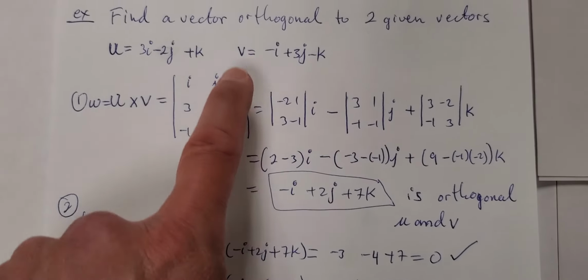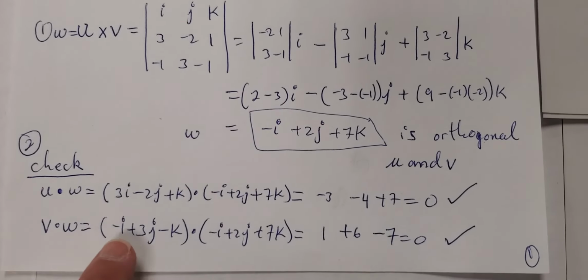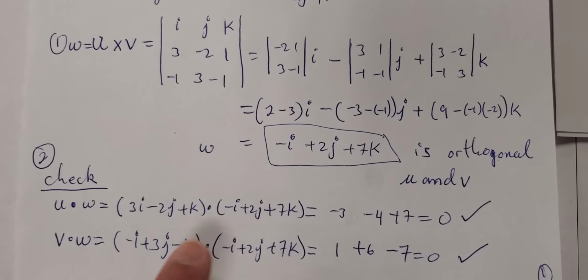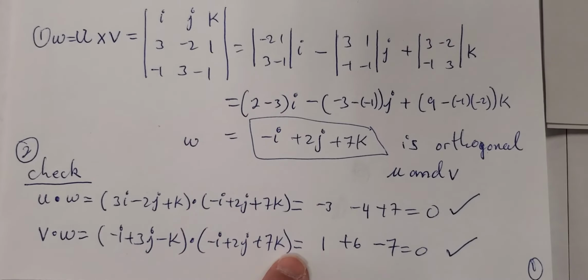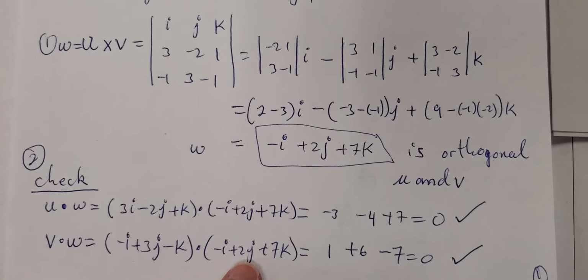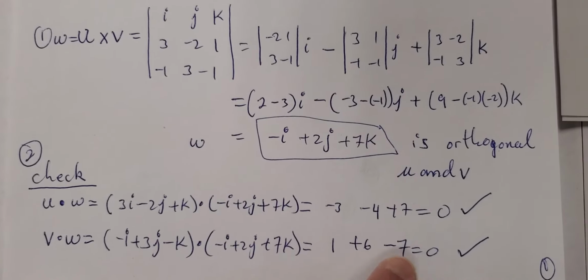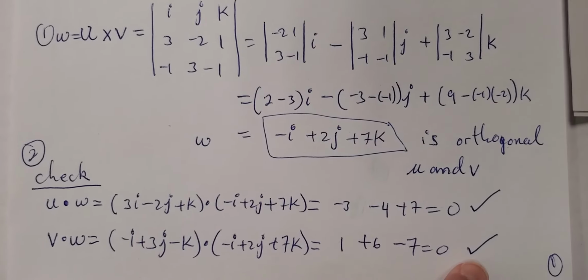Now repeat that with V and W. Same thing: i with i, j with j, k with k. Negative 1 times negative 1, positive 1; 3 times 2, 6; negative 1 times 7, negative 7. Add, subtract, gives me 0.